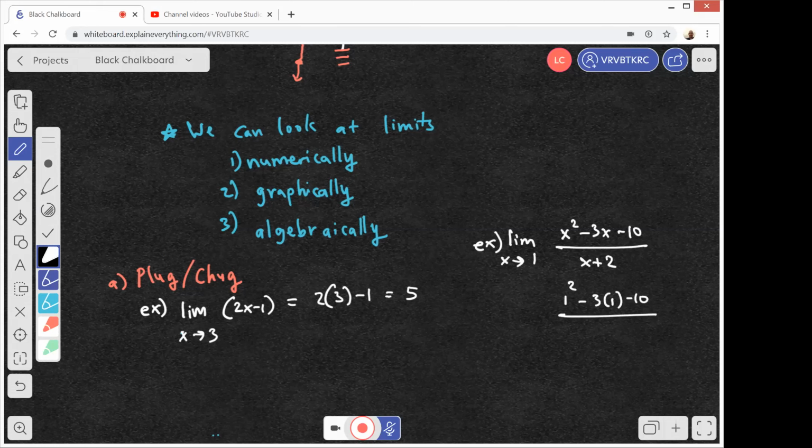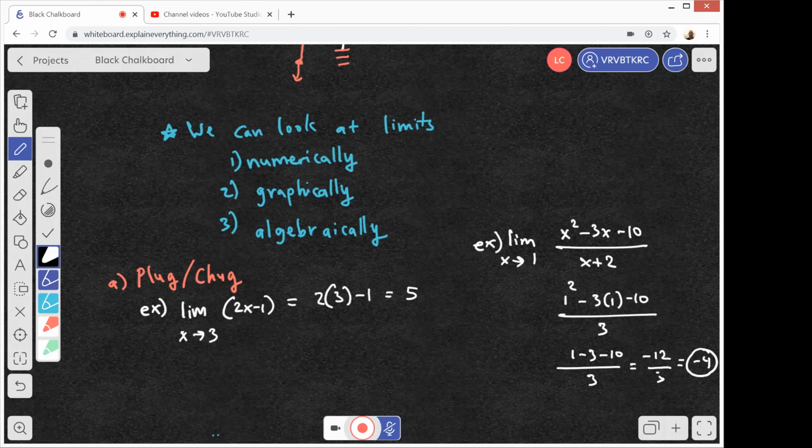So we have 1 minus 3 minus 10 over 3. 1 minus 3, negative 2 minus 10, negative 12. Did I do that right? Check my math, please. And that is negative 4. All right, that's the answer for that example. So we're done with plug and chug method. Wasn't that easy? You guys could do this.